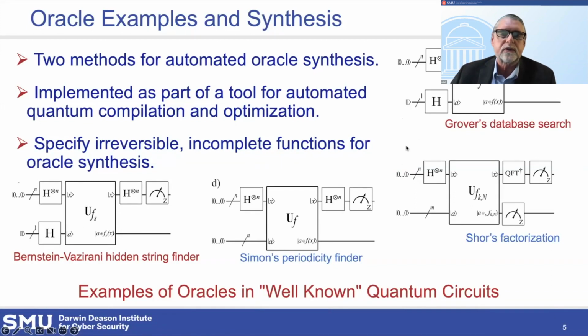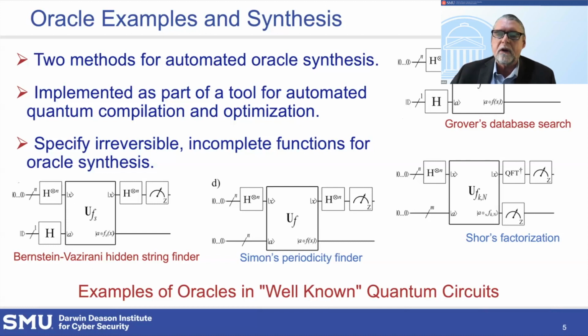These U's are user-defined functions that are synthesized to implement these algorithms. And in particular, even though these are well-known patterns, it is often the case that the user must synthesize unique versions of these functions U.